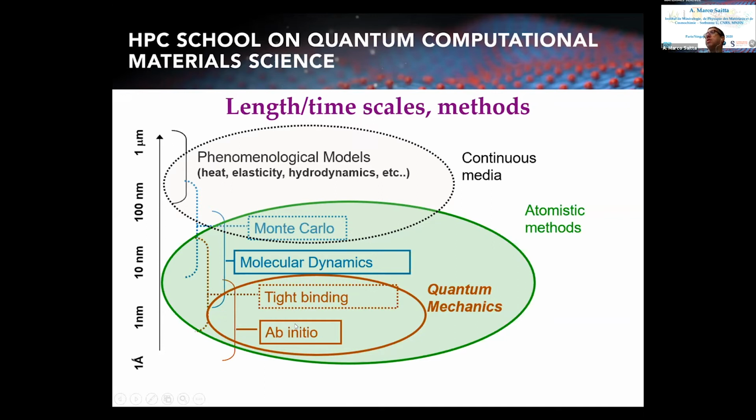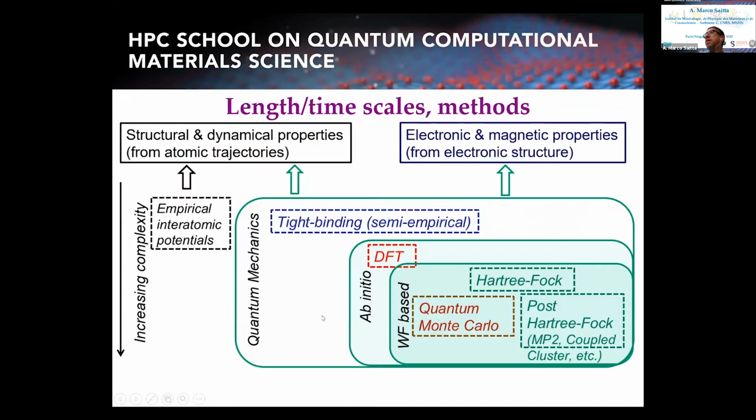But then when you go into the ab initio world, again, another way to see this: if you are only interested in structural and dynamical properties, that is atomic trajectories, you can still use empirical interatomic potentials. But once the electronic properties are important, for example in changing the phase of a system or the reactivity of the system, you need to include electronic properties, and you can still do something semi-empirical using quantum mechanics.